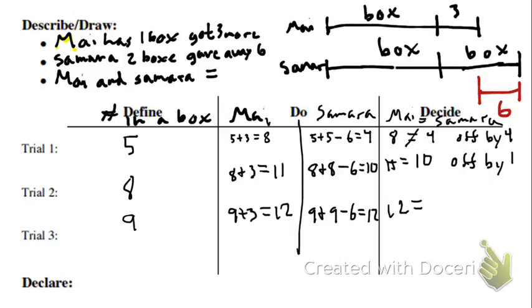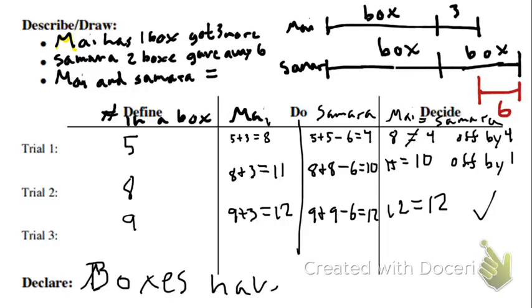So yes, 12 equals 12. This was the right answer. So now we would declare that the boxes have 9.